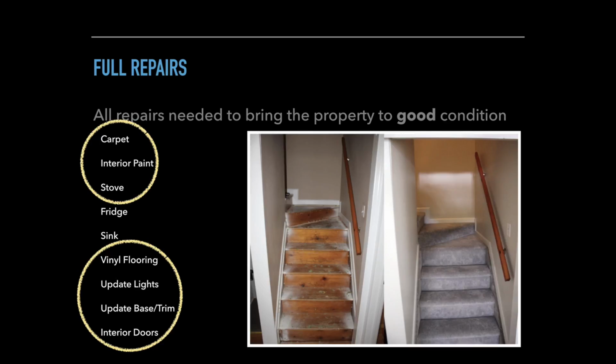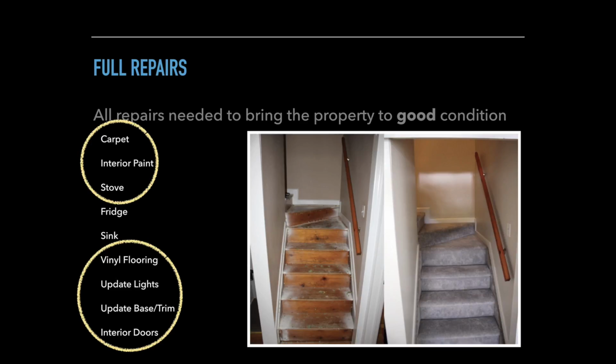The reason I did that is because I may disagree that those things need to be replaced, but I want to do everything else that I feel needs to be replaced. Does that make sense? Just because you as an agent are saying something needs to be done, the asset manager may not agree with you, but it still may be a full repair strategy.